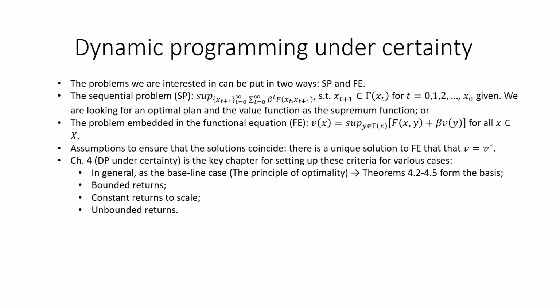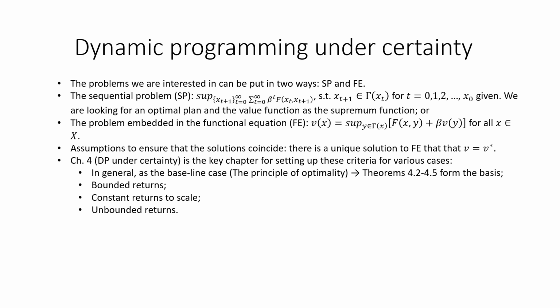This is the reason why chapter 4 is so important, because Stokey and Lucas clarify the assumptions that ensure that we have the same solutions whether we solve the sequential problem or the functional equation form of the same optimization problem.